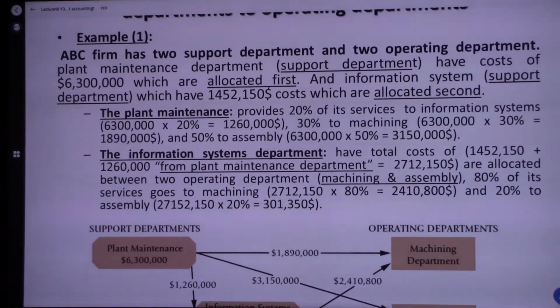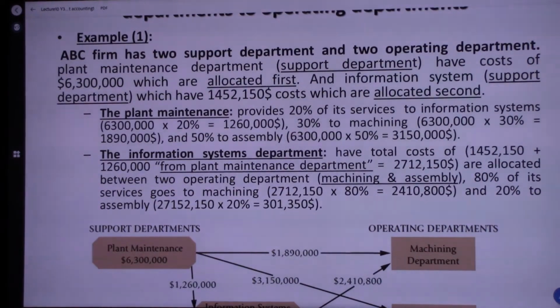Go back to the example. For the information system department, we have 1,452,000, which was the beginning or total cost for the department, and you have 1,260,000 allocated from plant maintenance department.